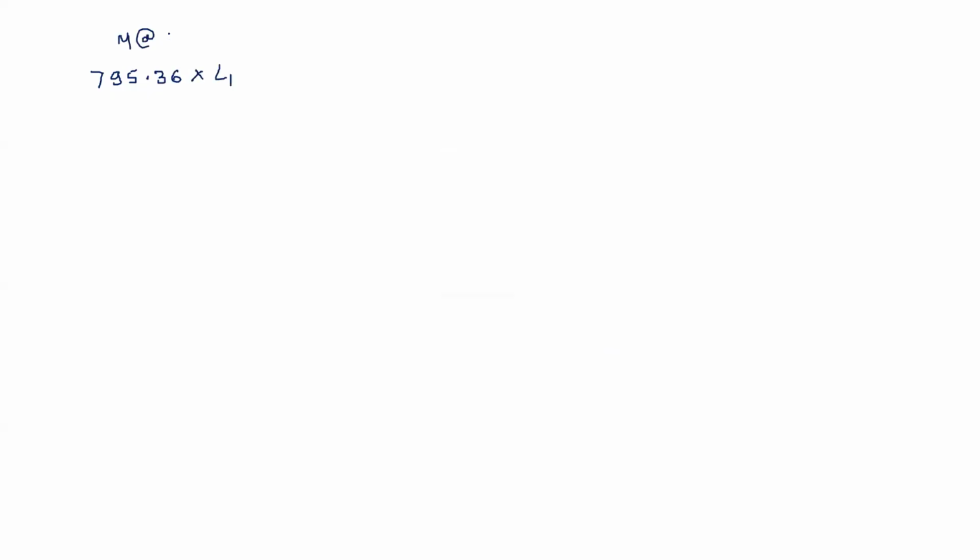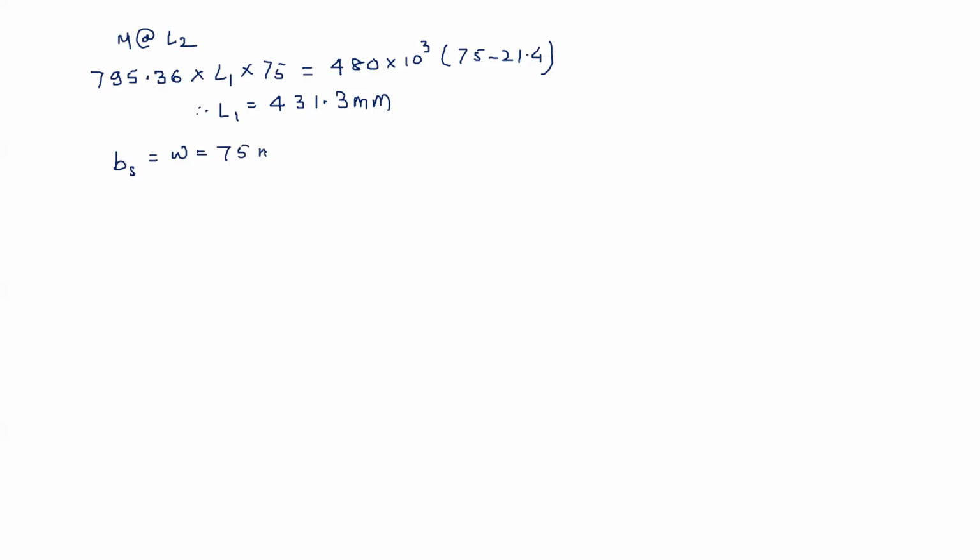Now we are taking moment about L2 into 75 equal to 480 into 10 raised to 3, and now it will be 75 minus 21.4, and from this we will get L1, that is equal to 431.3 millimeters, and from this we get Vs equal to W, which is 75 millimeters. Then we have T, 8 millimeters.